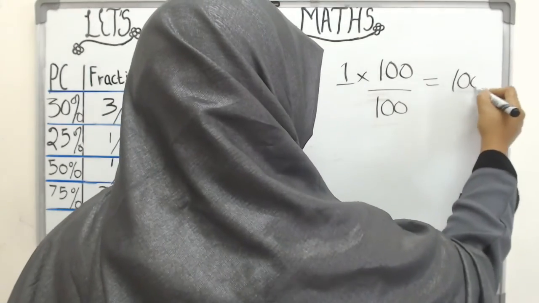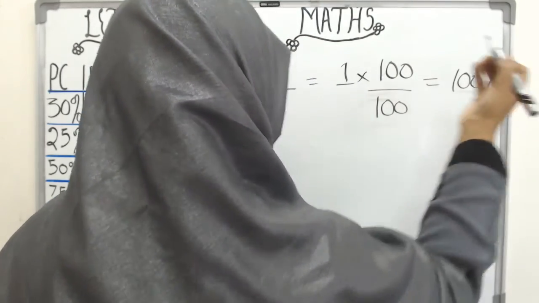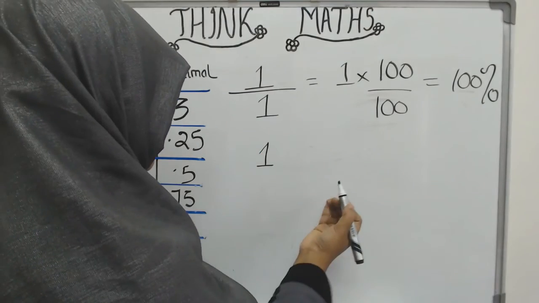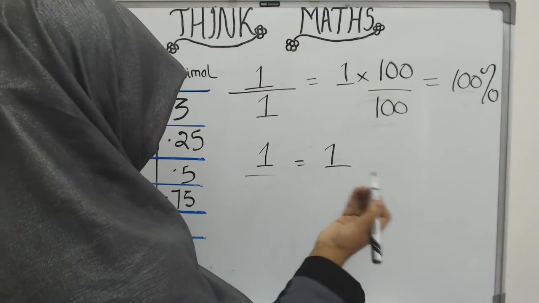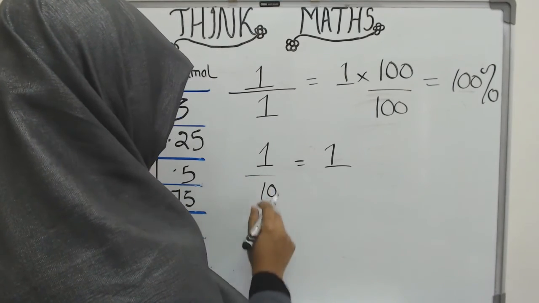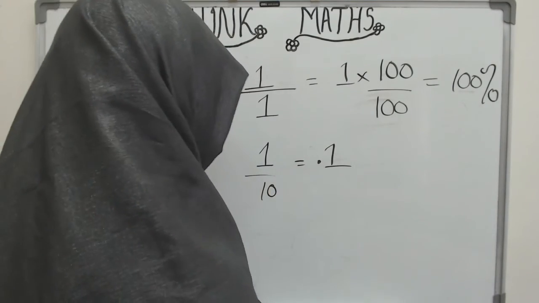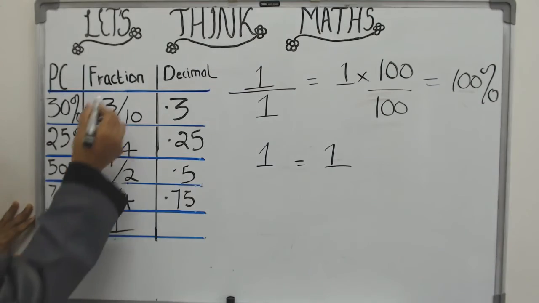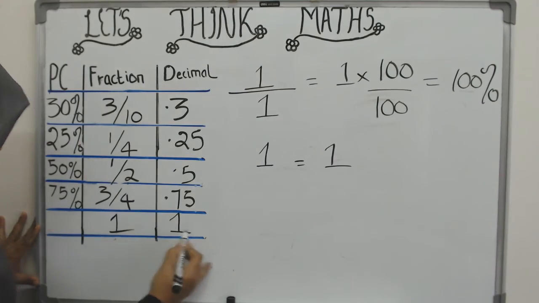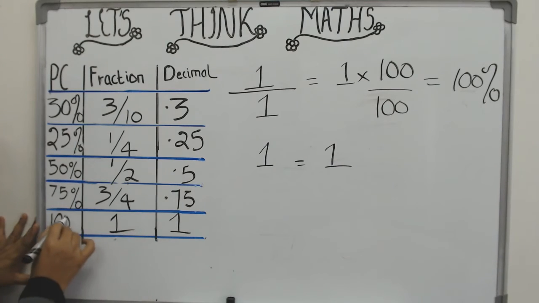So this is 100%. And then how do you make this into a decimal? It is just 1 because it is not divided by any power of 10, right? If it was 1 by 10, you would have written it 0.1. But then it is just 1. So if the fraction is 1, the decimal is 1 and it is 100%.